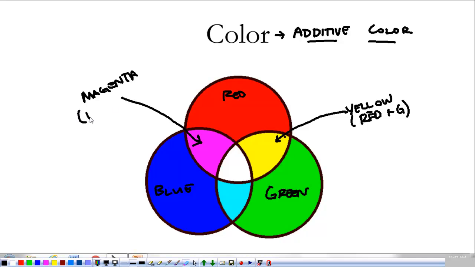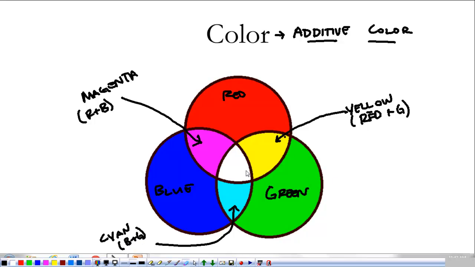So magenta is red plus blue. And when we mix blue and green, we get this color here called cyan. And cyan, again, is going to be blue plus green.